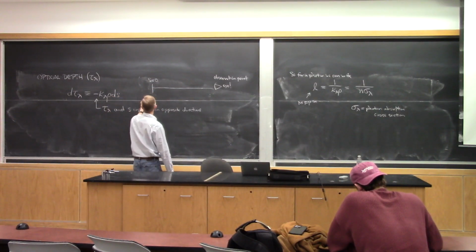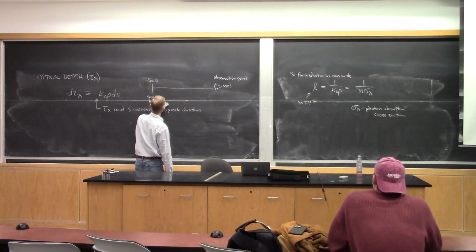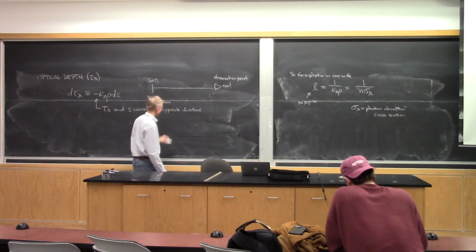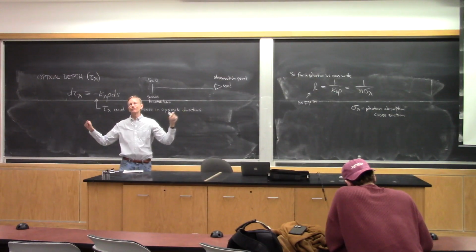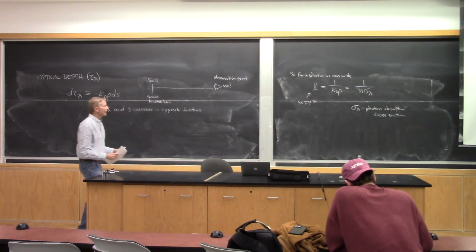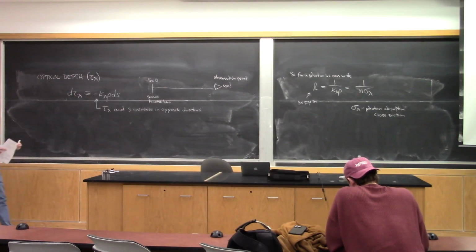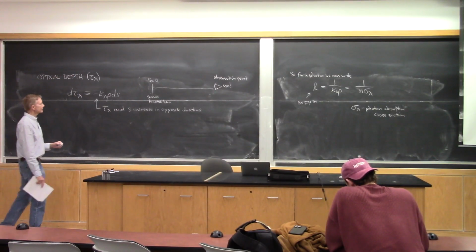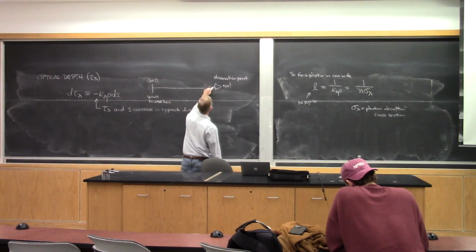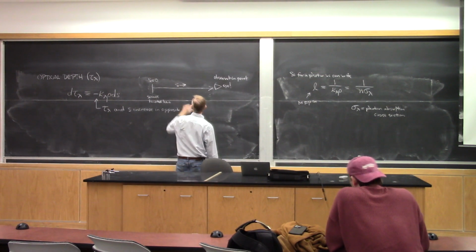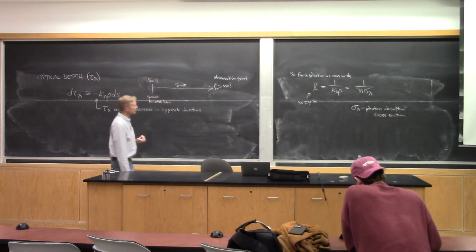So here's the source located here. Maybe it's your phone flashlight. There's a source of light, and you're looking at it through some hazy stuff, and you want to know how much light actually manages to make it to you through the haze. So s equals 0 is where the source is. So s is increasing in that direction.